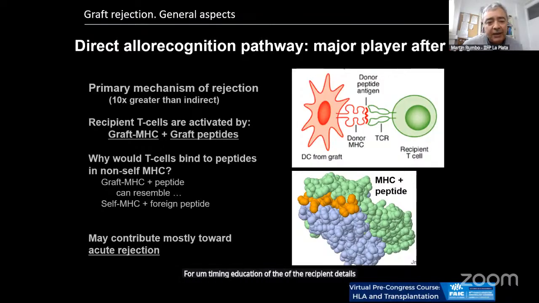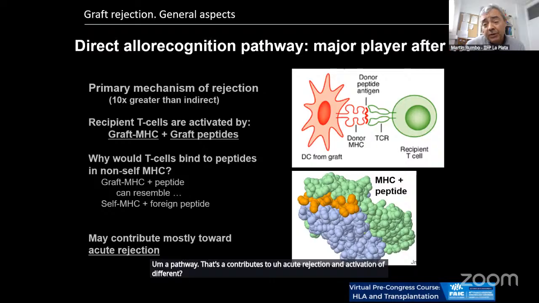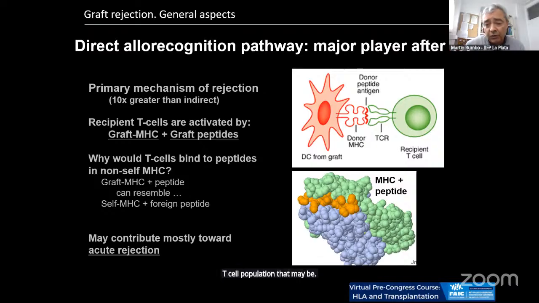This pathway contributes to acute rejection and activation of different T cell populations that may be CD4 or CD8 T cells, depending on the type of MHC that is recognized.